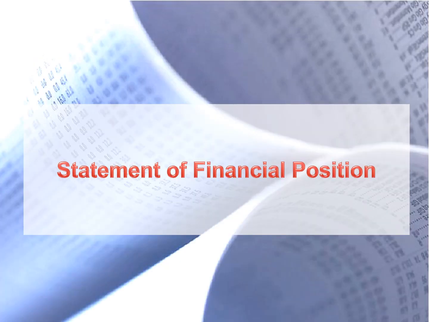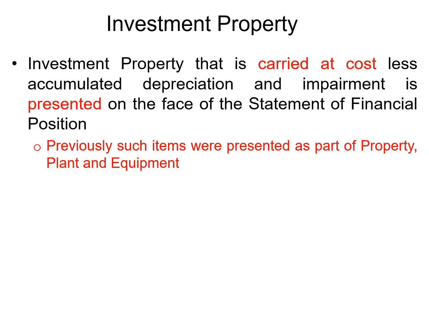Moving on to the statement of financial position. There have been a few changes made around the way that we recognize and measure certain items that feature on our statement of financial position. The first thing is around investment property. Investment property that is carried at cost less accumulated depreciation and impairment must be presented separately on the face of the statement of financial position.